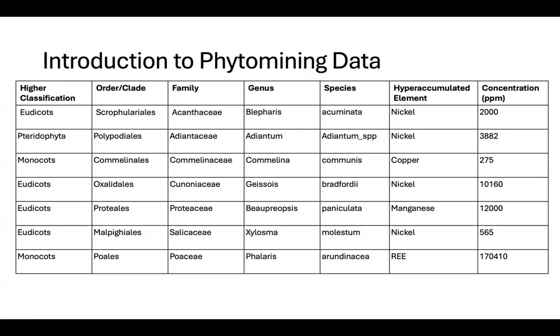So for our data set today, we have data based on the global hyperaccumulator database. We have higher classification, the order and clade, family, genus, and species of the plant, the element that the plant hyperaccumulates, and then at what concentration the plant hyperaccumulates that element.